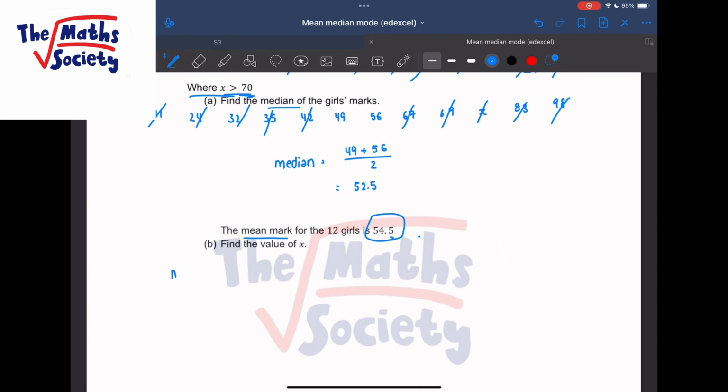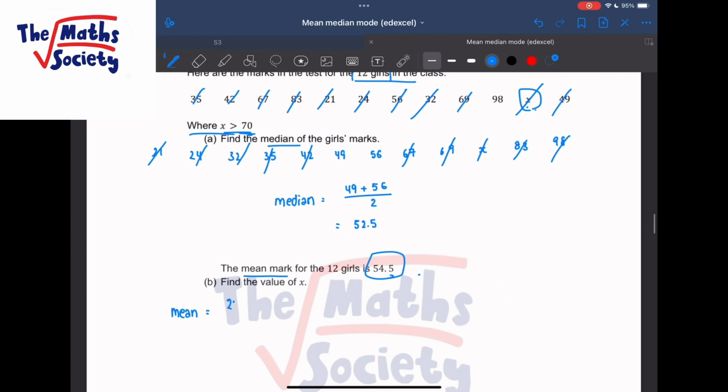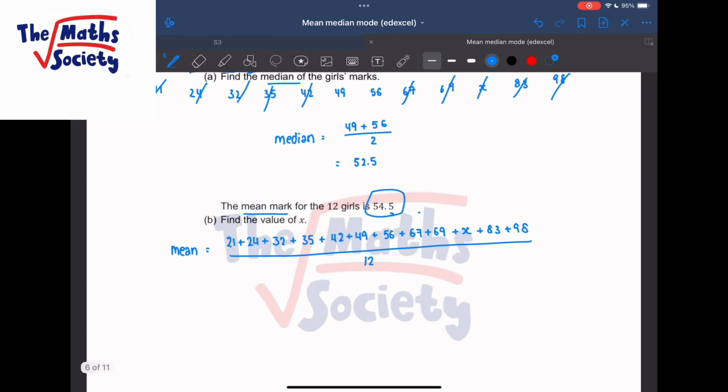So mean is equal to all the numbers added, so we will plus 21 plus 24 plus 32 plus 35 plus 42 plus 49 plus 56 plus 67 plus 69 plus x plus 83 plus 98 divided by 12. This is the mean, so that has to equal 54.5.